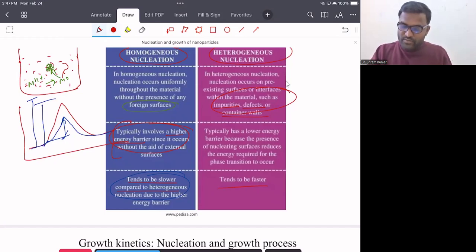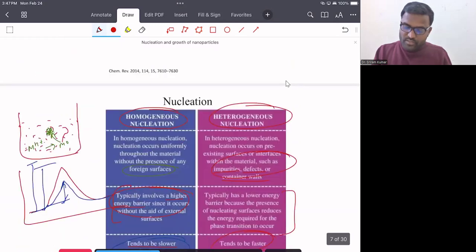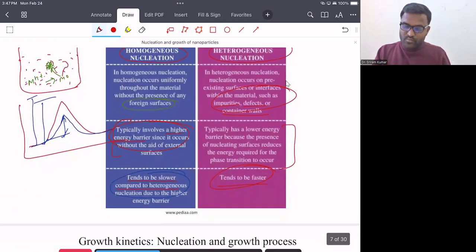And the heterogeneous nucleation needs lower energy as compared to the homogeneous process, and that's why this is the faster process. So this is about the difference in the nucleation processes.